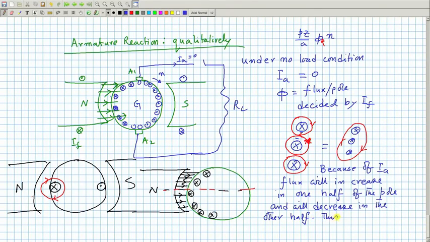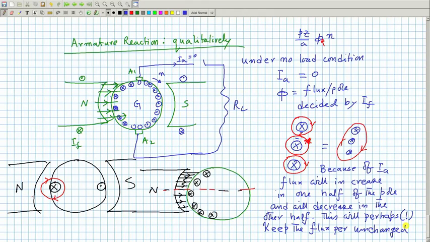This will perhaps keep the flux per pole unchanged, from no load to full load condition. Full load, say full load armature current is flowing.